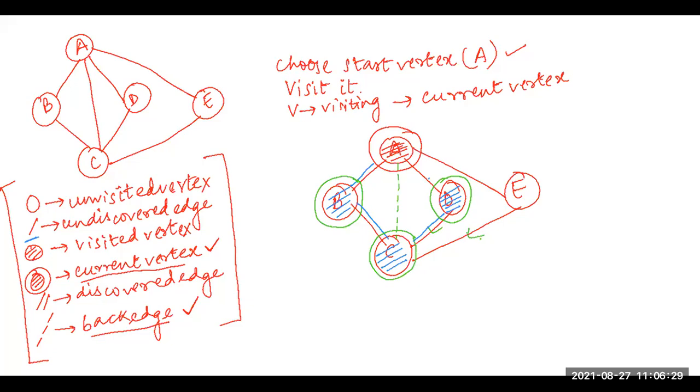So what will I do? I will simply set it as a back edge. Now from D, there are no more edges to discover, right? It's blocked. So whenever such a situation happens, we backtrack to the parent of that particular vertex. Now who is the parent of D?